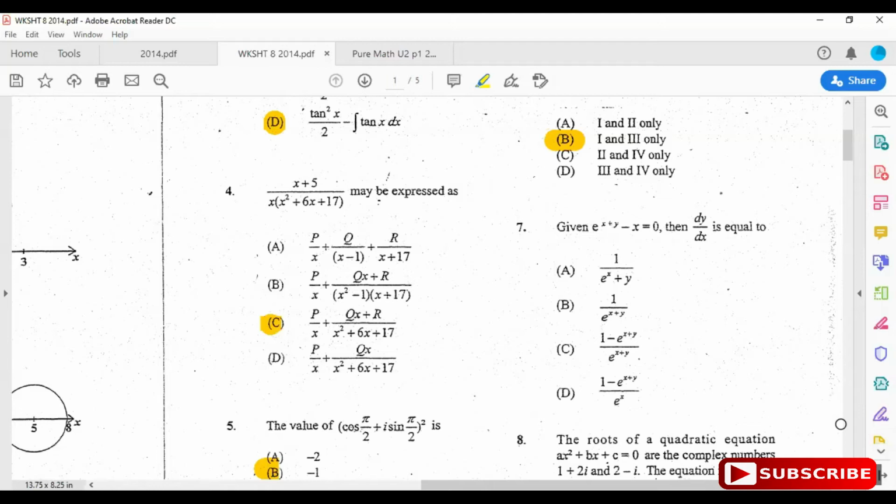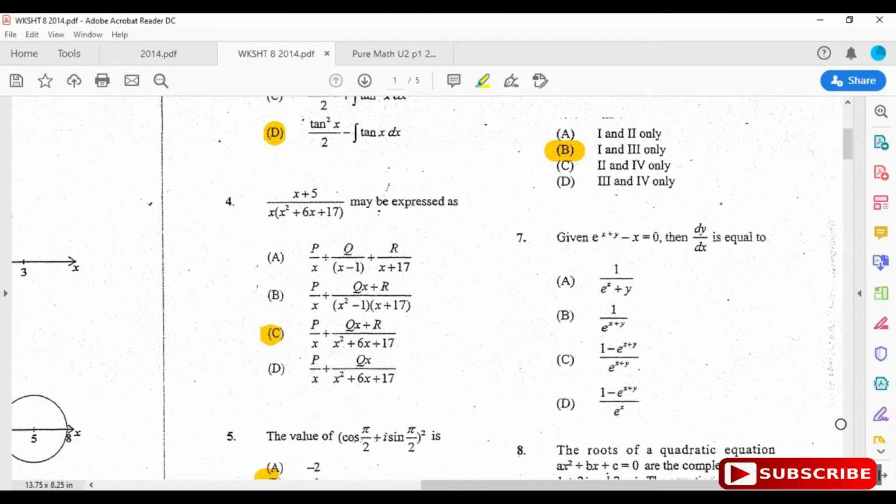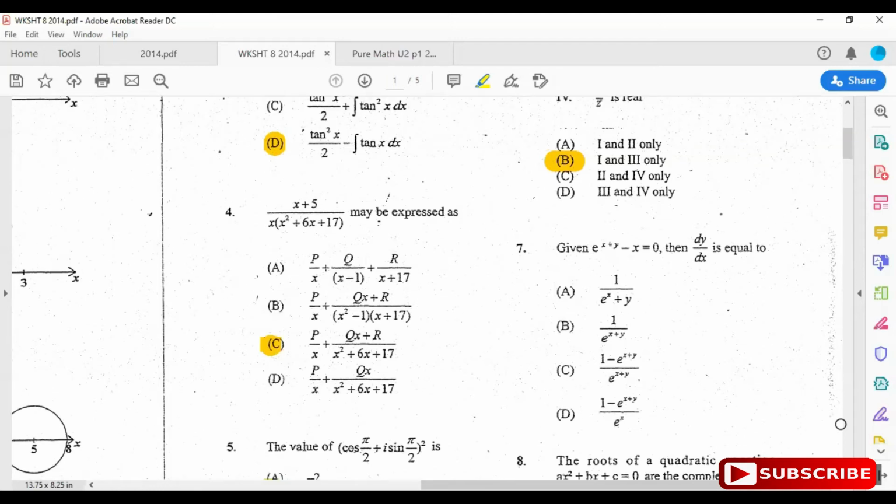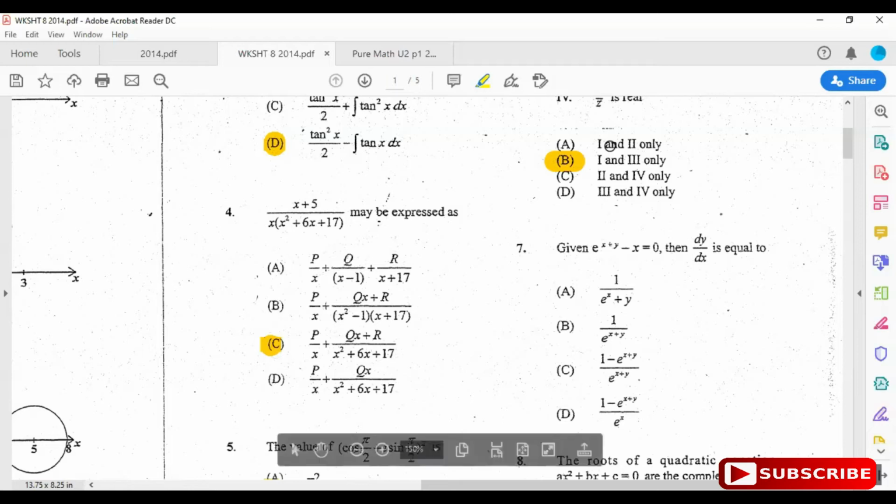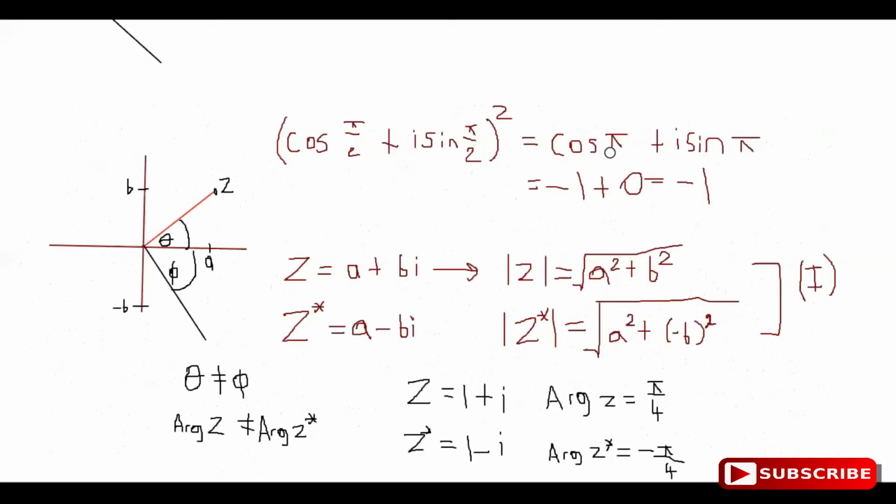So now this question gives us an exponential function, e to the x plus y minus x is equal to 0, and they want dy by dx. So let's look at that.